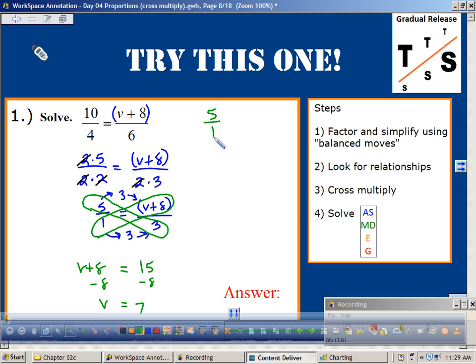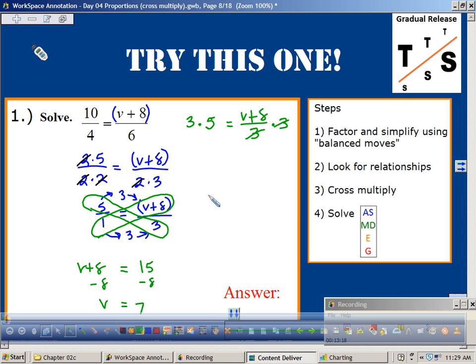You've left it as 5 over 1 equals b plus 8 over 3. You just put 5. Okay. I need it quiet, please. Excellent. Another way to do it. Good job. Very good job.